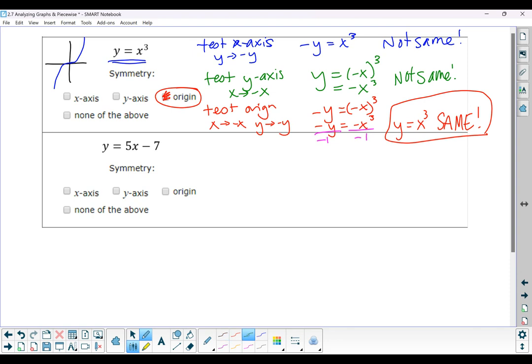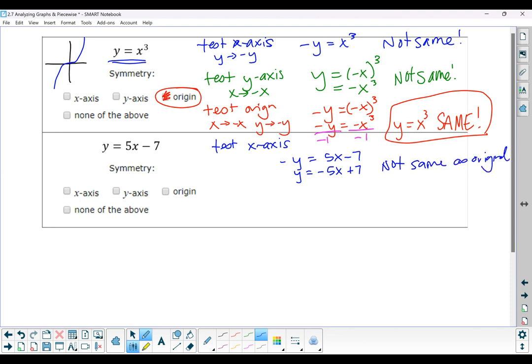Okay, this last one, let's test it for x-axis symmetry. So we're going to replace that y with a negative y. This is just not the same as our original. If I maybe tried dividing by a negative 1, I would end up with this. This is not the same as the original.